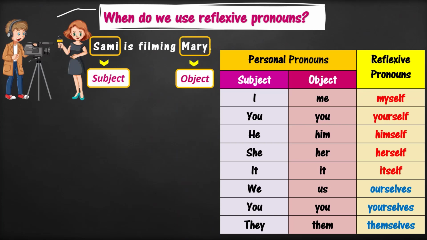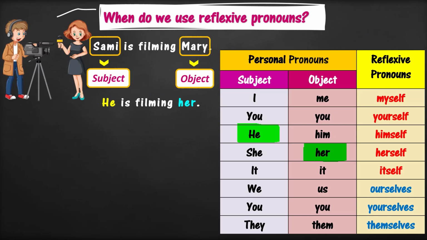If you are asked to replace these two words, Sammy and Mary, with pronouns, you are going to think definitely of he to replace Sammy and her to replace Mary, because Sammy is the subject, so we use he, while Mary is the object, we need an object pronoun, which is her. So the sentence will be, he is filming her.